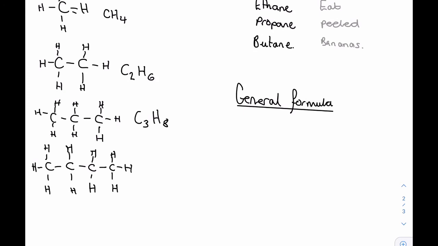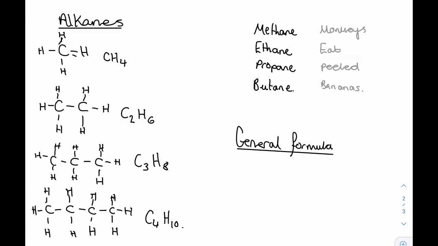This one we've got 4 carbons and 1, 2, 3, 4, 5, 6, 7, 8, 9, 10 hydrogens. So that's us having drawn them out, and then me also writing the formula for them.